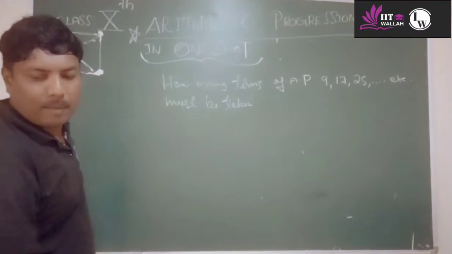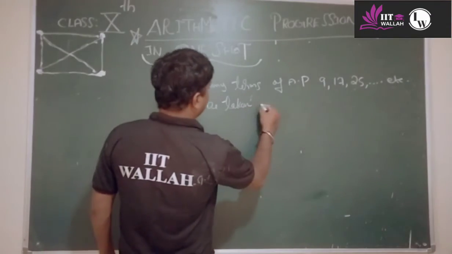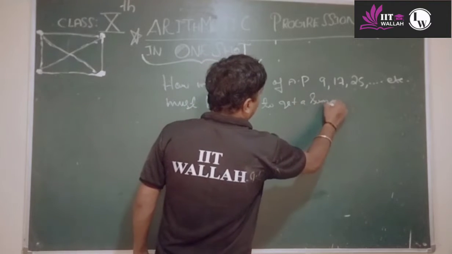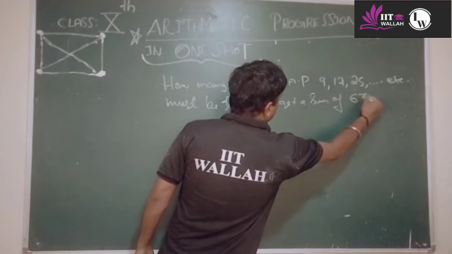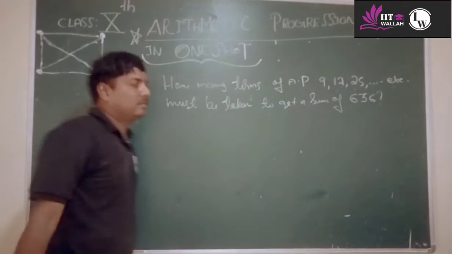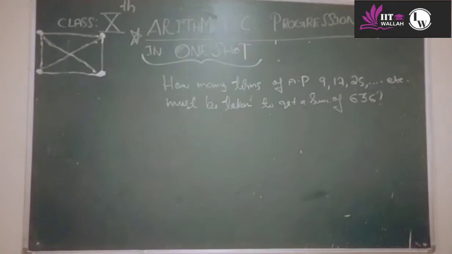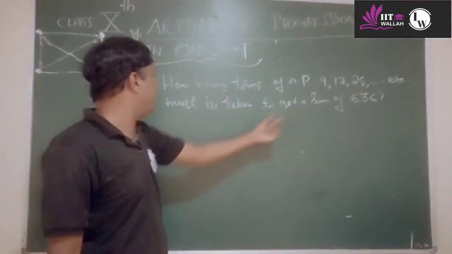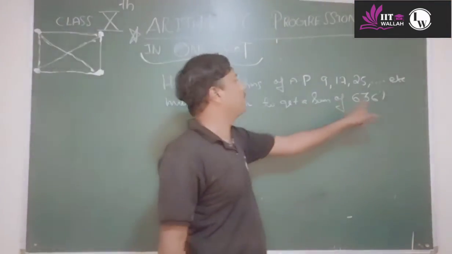First, read the question once and try to understand it. How many terms of this AP must be taken to get the sum 636?